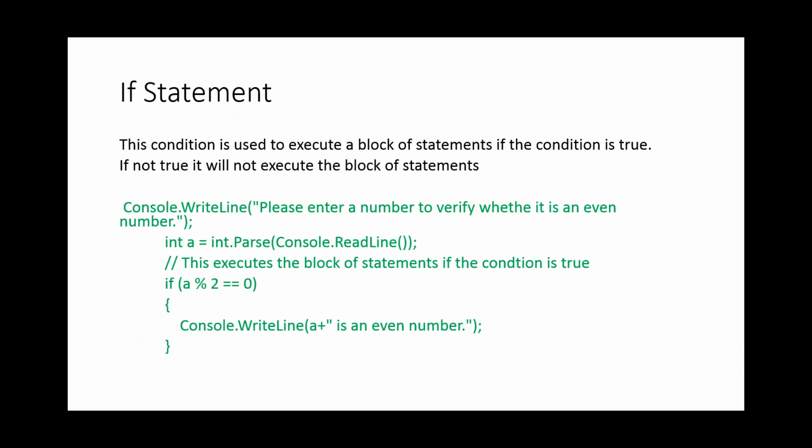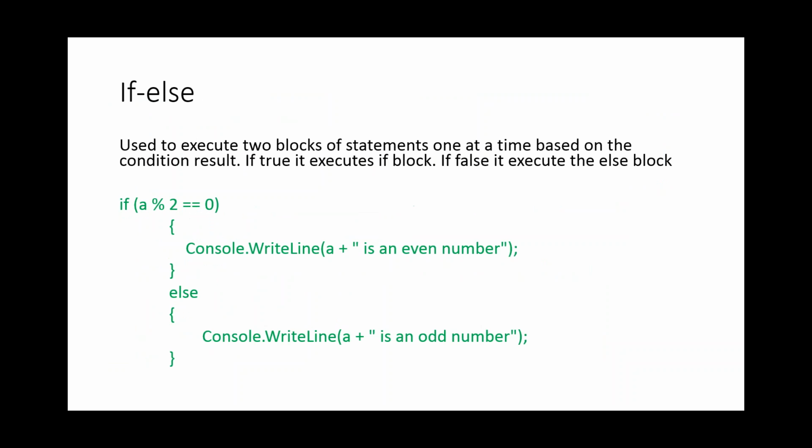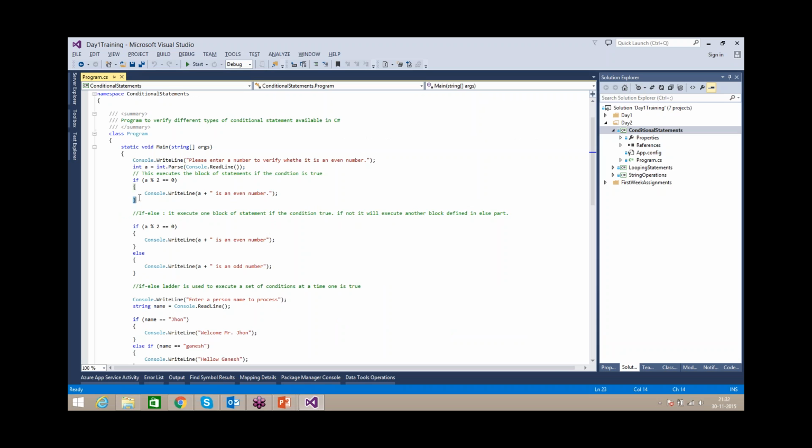This is a sample program for the if statement, and after this we have the if else statement. It is used to execute one of two blocks of statements, one at a time, based on the condition result. If true, it executes the if block. If false, it executes the else block. We have a sample for that too, so I'm commenting this one out.